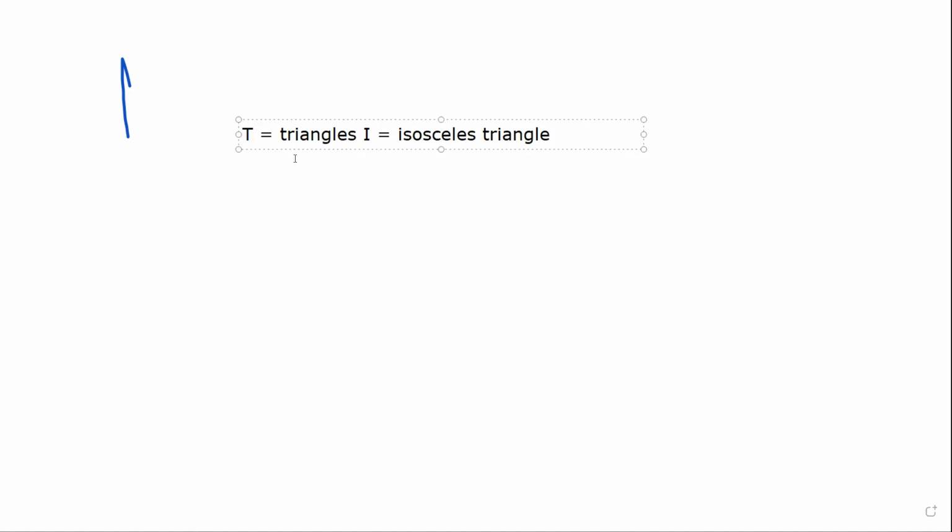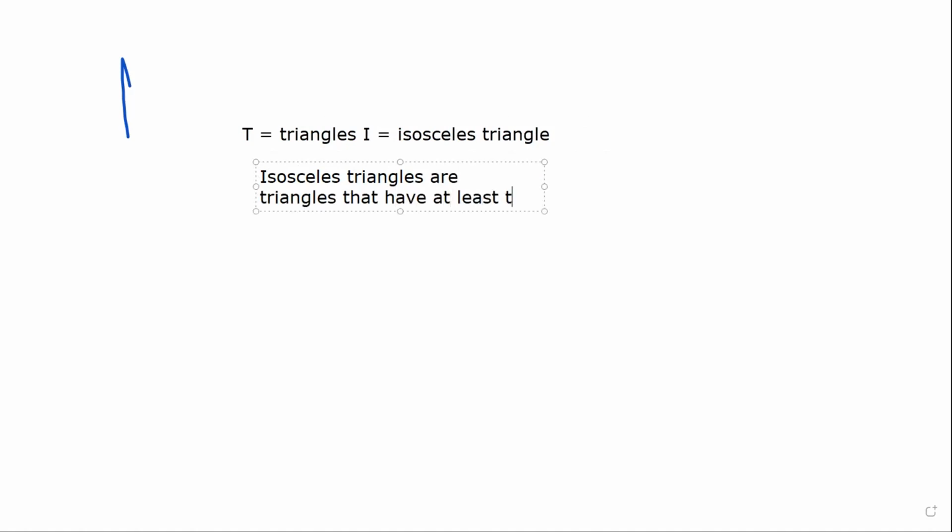No, because isosceles triangles are triangles that have at least two sides the same length. So if you have two sides the same length, you're isosceles. If you have all three sides the same length, you're also isosceles.